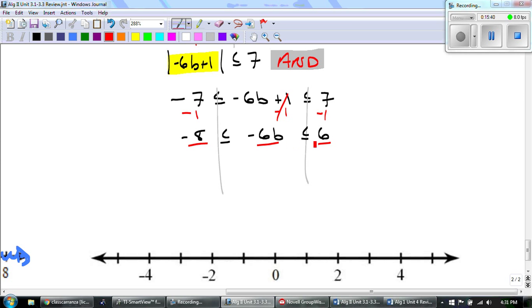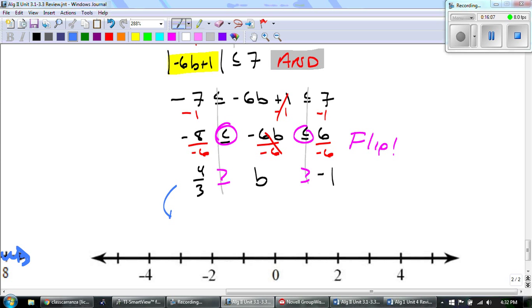To get the variable by itself, we had to divide by a negative. So as I'm dividing by a negative, I am flipping my sign. 6 divided by negative 6 is negative 1. Negative 8 divided by negative 6 is a positive 4/3.